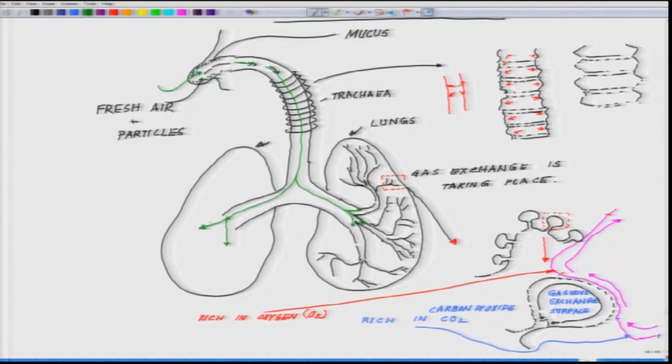and the air which we exhale is this. So, if this is the inhaled air, this is the air we are exhaling, which is plus CO2, and this is plus O2.